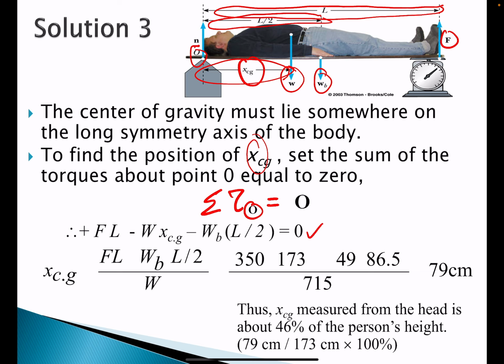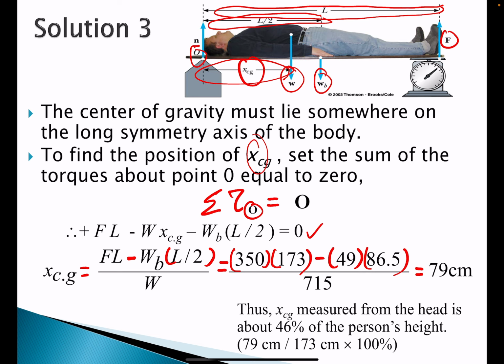So now it's about rearranging the equation. XCG is FL minus WB times L over 2, and then divided by W, so it will equal 350 times 173 minus 49 times 86.5, divided by 715, so you will get 79 cm.